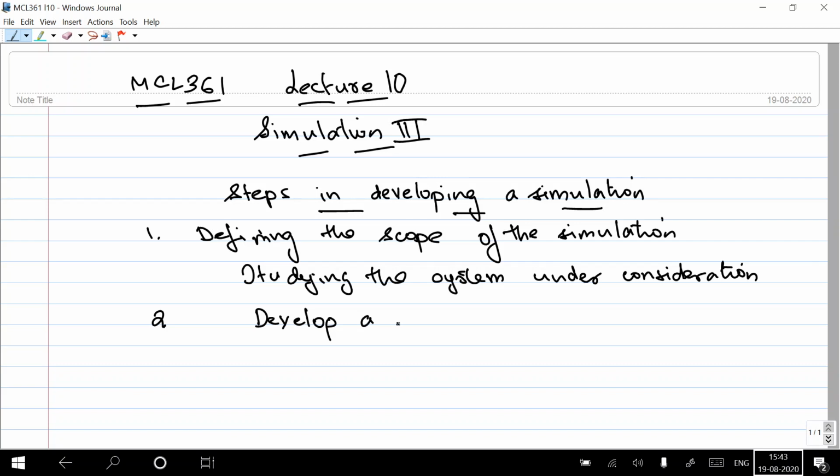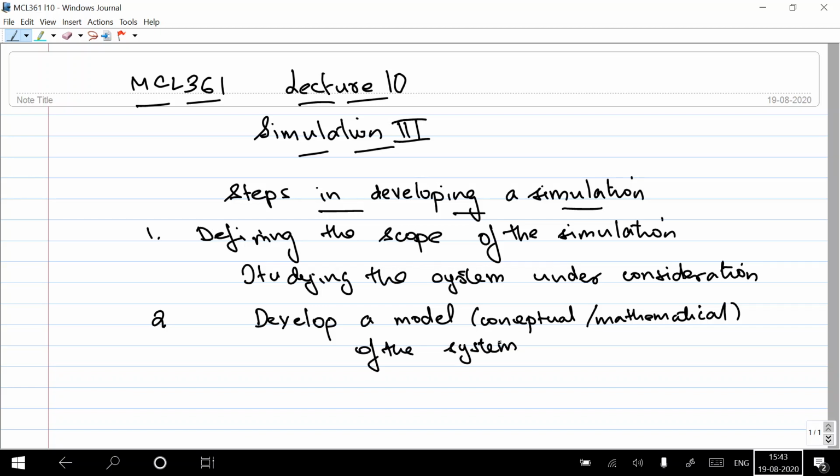So you have to develop a model of the system. That's a conceptual model, or it could be mathematical. A conceptual or mathematical model of the system, and you have to identify the parameters associated with it.